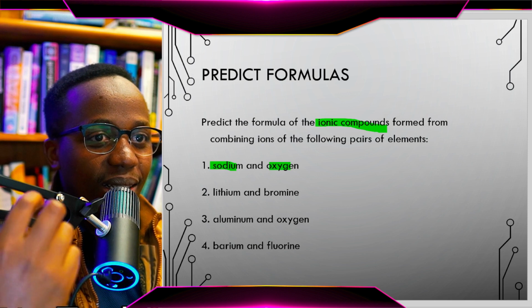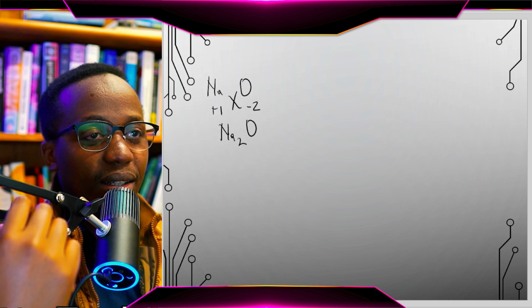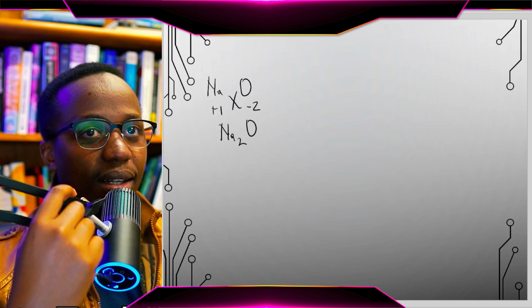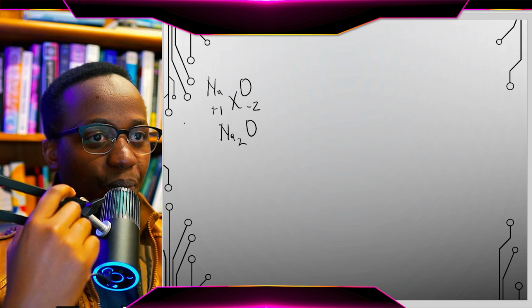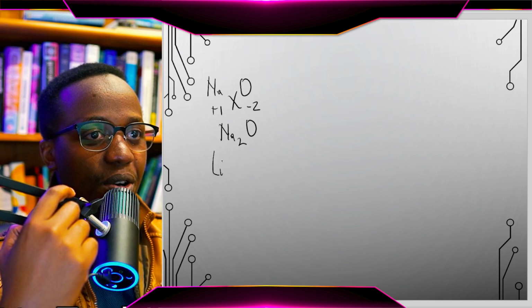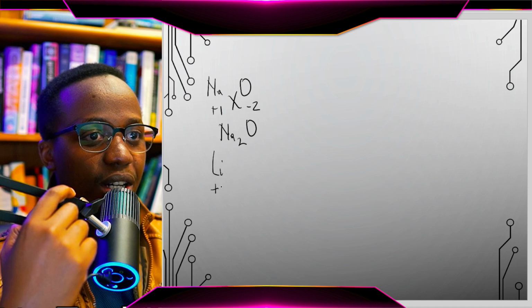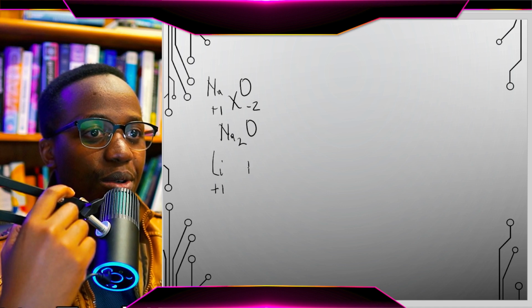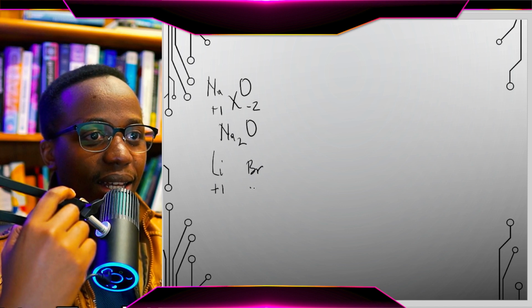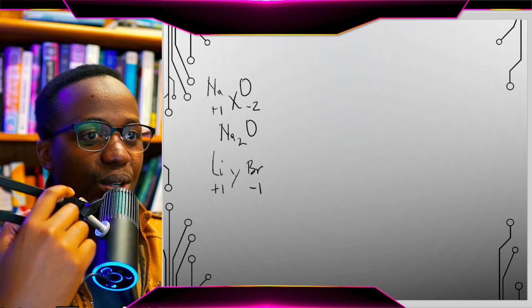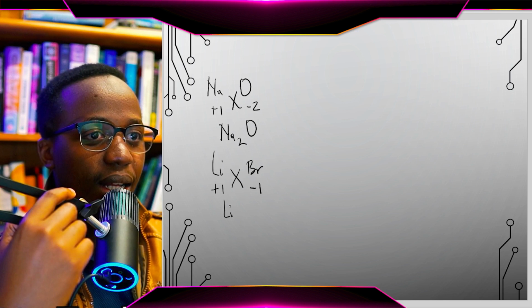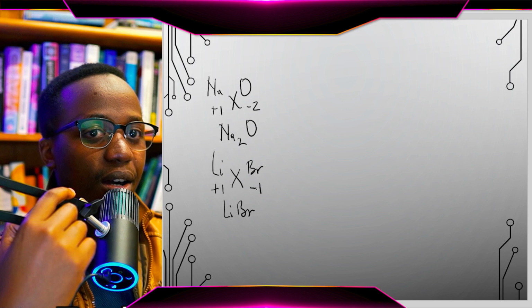All right, another one is lithium and bromine. So again, lithium, if you go back to the table, the charge is +1. Bromine is what? -1. So the cross will give you LiBr.